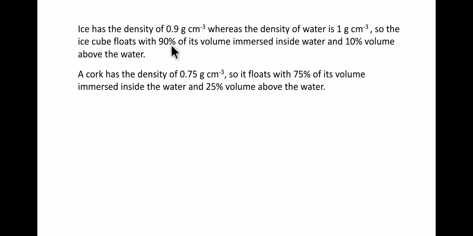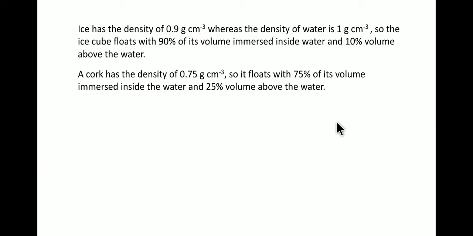So if 90% is inside the water, then 10% has to be above the water. 0.75 grams per centimeter cube is the density of the cork, and 1 gram per centimeter cube is the density of water, as here as well. So it will float with 75% of its volume inside the water and 25% above the water.